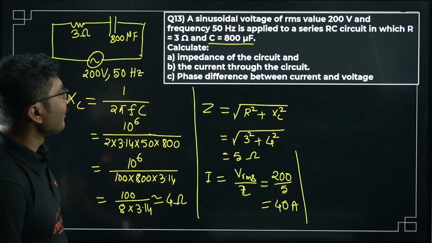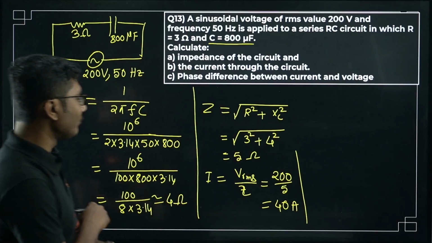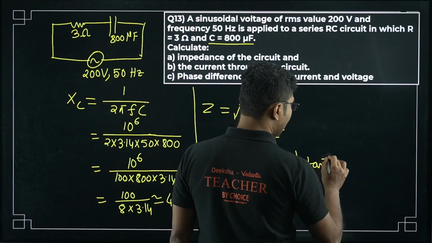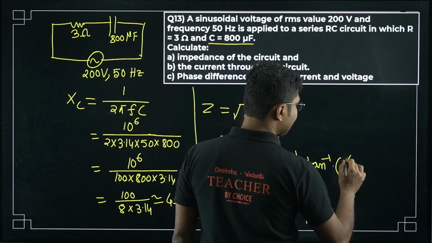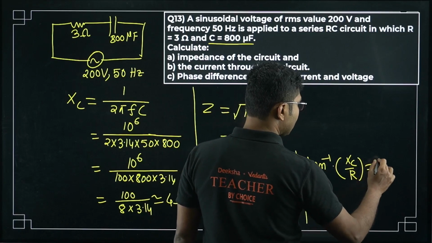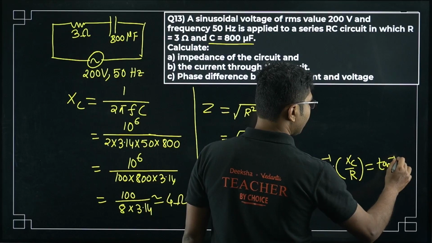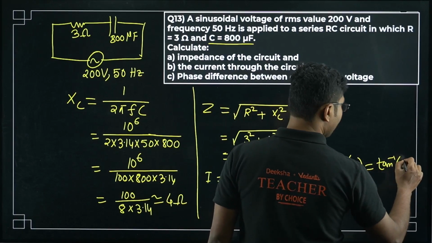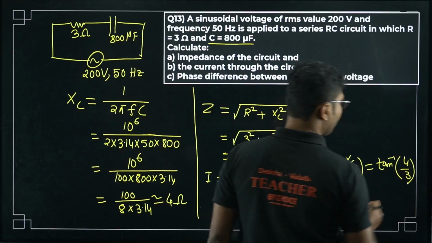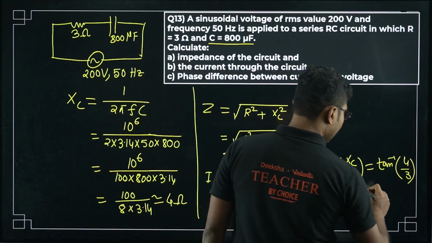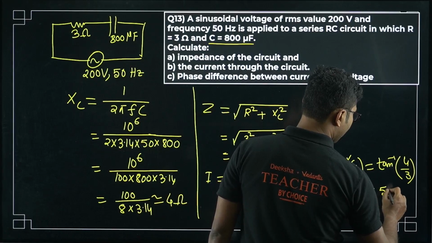Next is phase difference between current and voltage. Now again XL is not there, so phase difference will be simple. Phase difference will be XC by R, that will be equal to tan inverse of XC, which is 4 by 3. 4 by 3 means it will be 53 degrees if I am not mistaken.